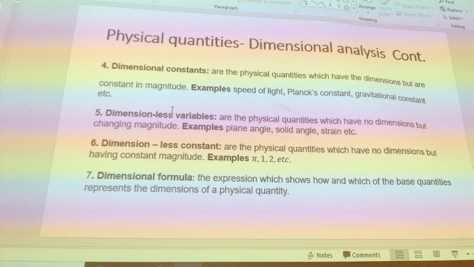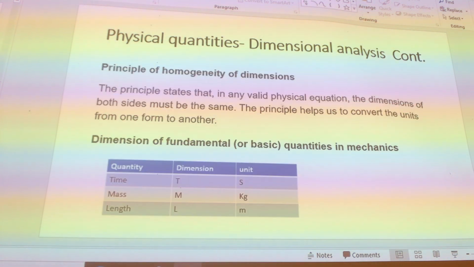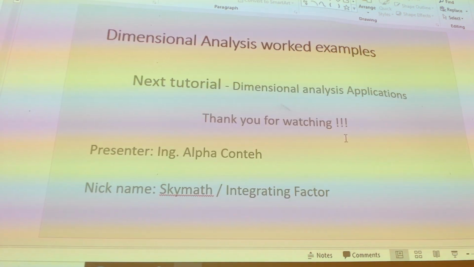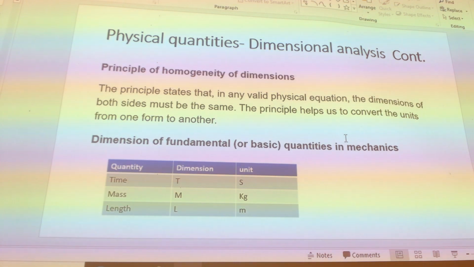So all these values, we refer to them as dimensionless constants. And if we take the last one, dimensional formula. The dimensional formula simply shows how and which of the base quantities represent the dimensions of a physical quantity. So that's that.